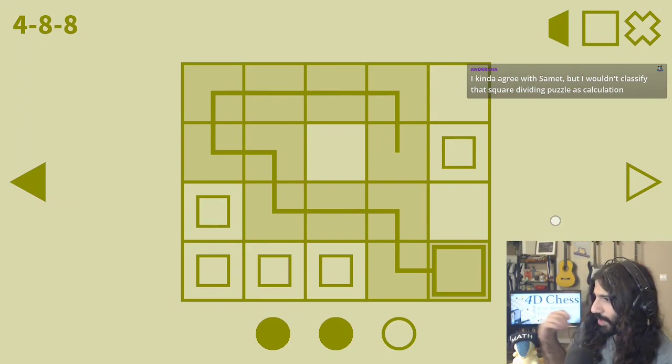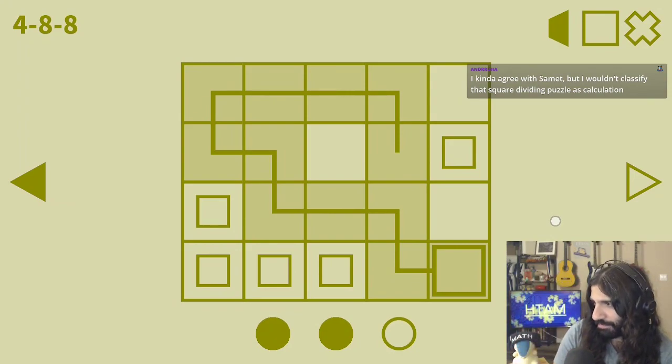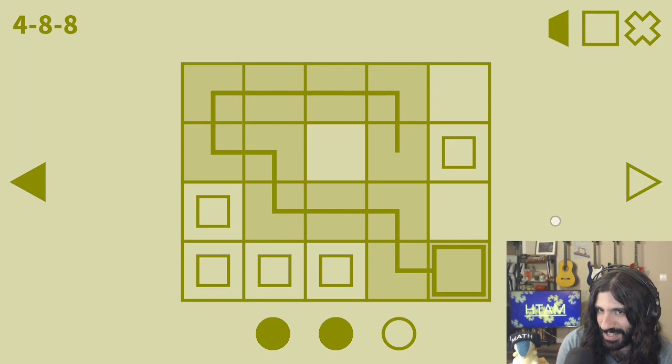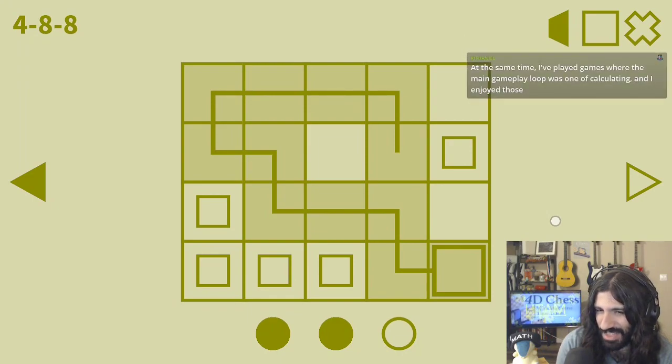Kind of agree with Sumet, but I wouldn't classify that square dividing puzzle as calculation. Well, to each his own. This one, it's difficult to divide the space.